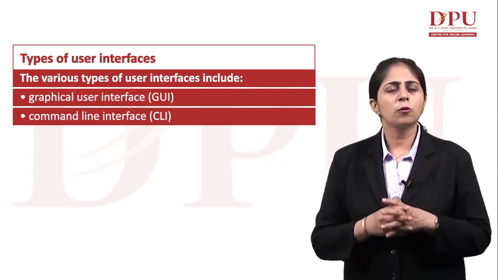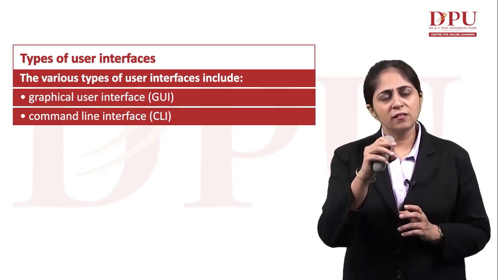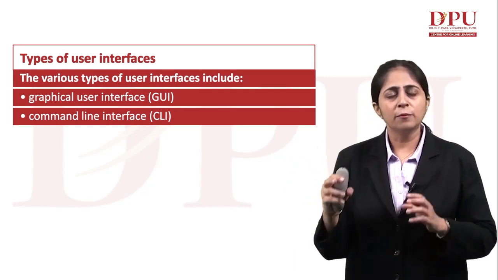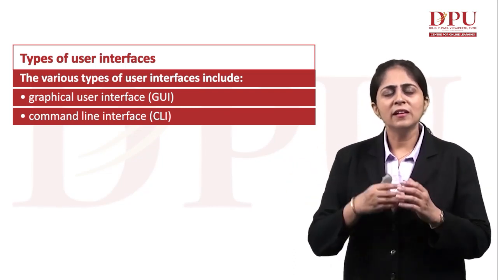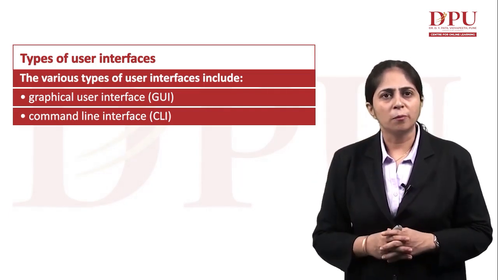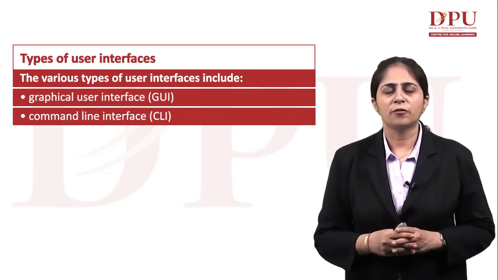If the user wants to delete a file, he has to write the command, that is, it can be del followed by the file name, or delete the file name. That means the command has to be written, and when the command executes, then your function will be performed. That kind of interface is known as a command line interface.